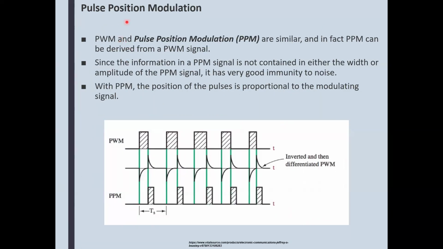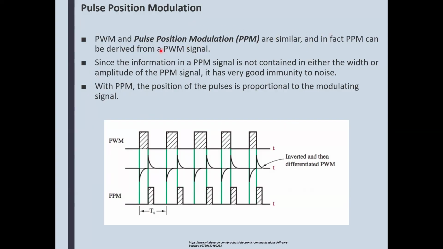Pulse position modulation, PPM. PWM and PPM are similar. PPM is similar to pulse width modulation, but this one is pulse position. In fact, PPM can be derived from a PWM.